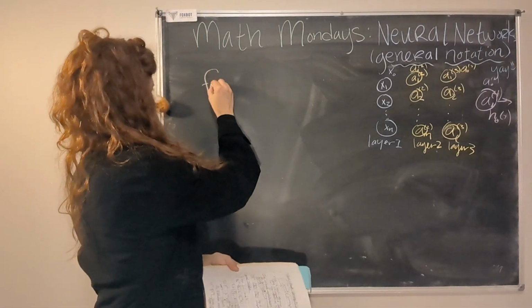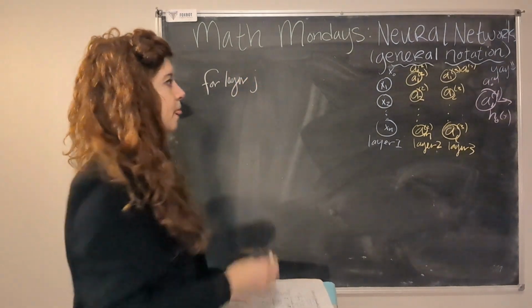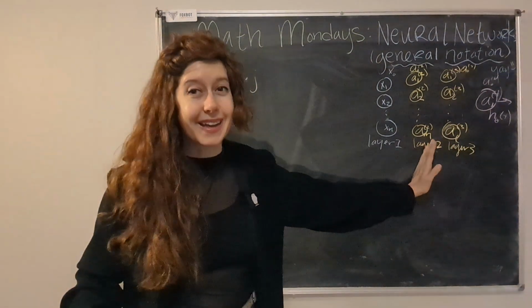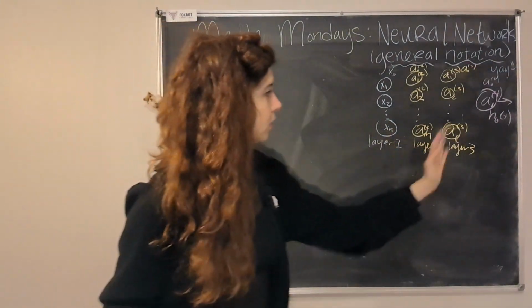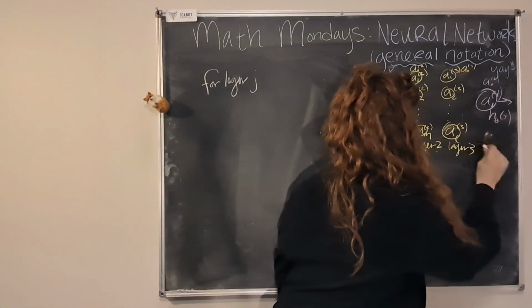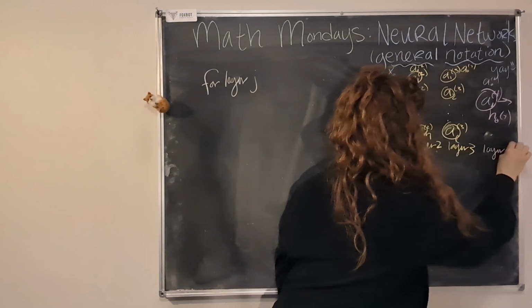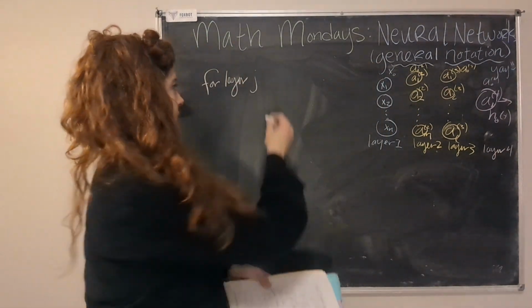So for layer J, we're going to look at the second layer because that layer is a little bit special. The last layer is also special. I should label that layer 4. But we'll generalize after we look at the second layer.